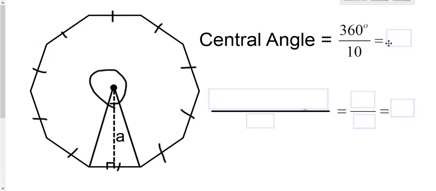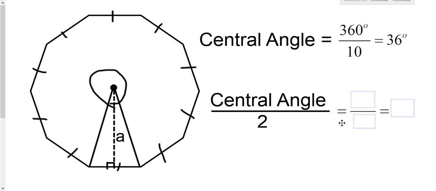So we divide by 10 and we get 36 degrees. Then remember, this apothem's going to split it in half, and we just want that angle right there. So we're going to take that central angle and divide by 2. So 36 divided by 2 is 18 degrees.